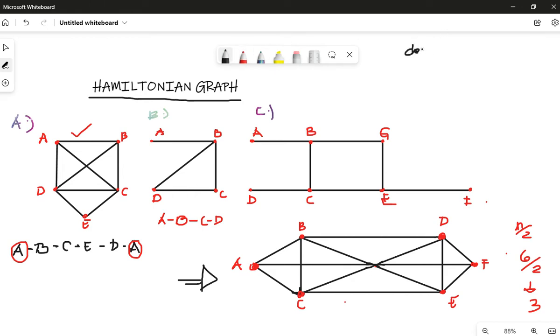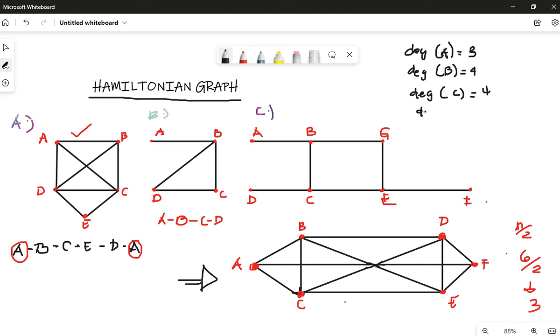Okay, so we'll have the degree of vertex A. For vertex A, we have 1, 2, and 3, three edges connected to it. Now the degree of vertex B: 1, 2, 3, and 4. There are 4 edges that connect to vertex B. Now, the degree of vertex C: 1, 2, 3, 4.